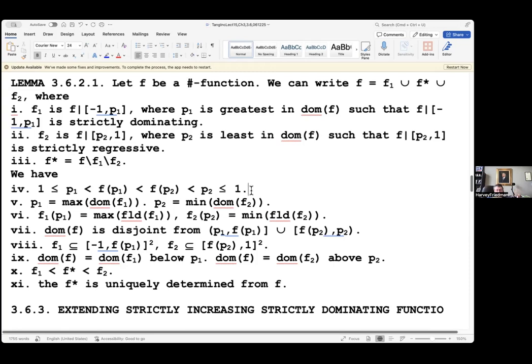And these are consequences. Also P1 is the largest domain element of F1, and P2 is the smallest domain element of F2. And F1 of P1 is the max of the field of F1, and F2 of P2 is the min of the field of F2.